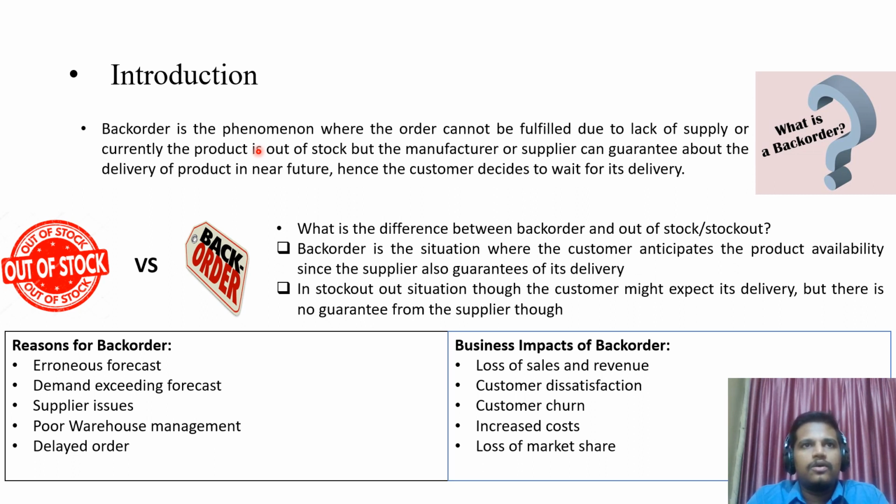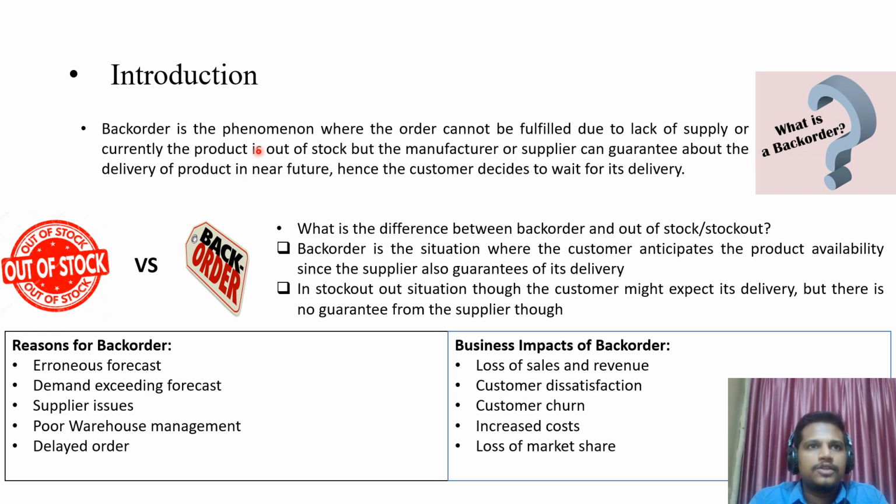Now, once I hear this definition of back order, the very first question that comes to my mind is how it is different from the situation of out of stock. The very basic differentiation is that there is no guarantee from the manufacturer or the supplier that the product would be delivered in case of out of stock.